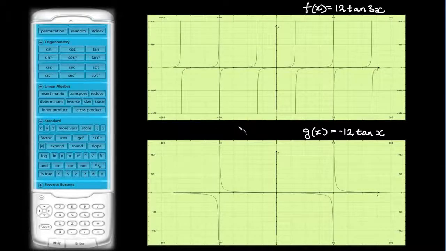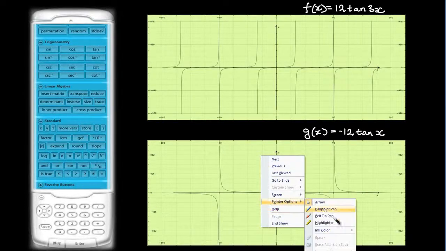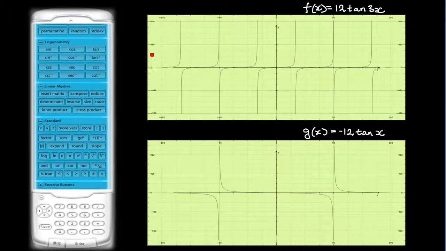This is looking at the tangent function, and the first thing we'll notice, and it's an interesting thing to think about, is that there is no amplitude as such. So if I take my baseline here and ask myself, well, where's the peak of this function? It just doesn't have a peak. There are no peaks and troughs.